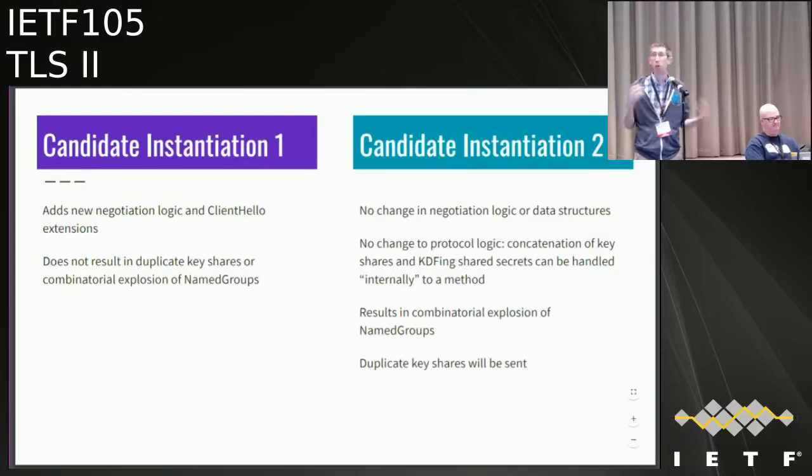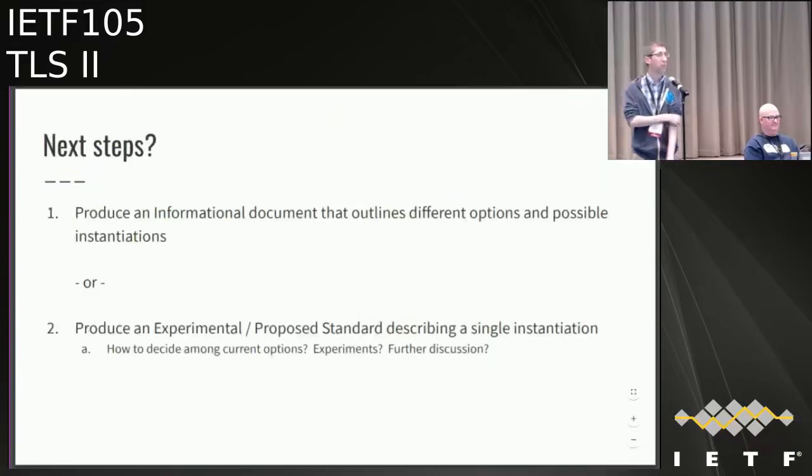We have this combinatorial explosion of named groups, and you might have to send duplicate key shares. So if you want to advertise P256 with algorithm 1 and P256 with algorithm 2, you have to send 2 P256 shares. Those are the trade-offs between these two instantiations. Next slide. So we'd like some feedback on how to proceed, either of these options being more appealing, and what the procedure should be for a document like this.